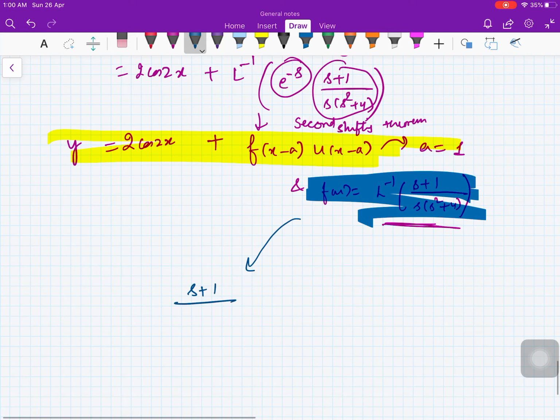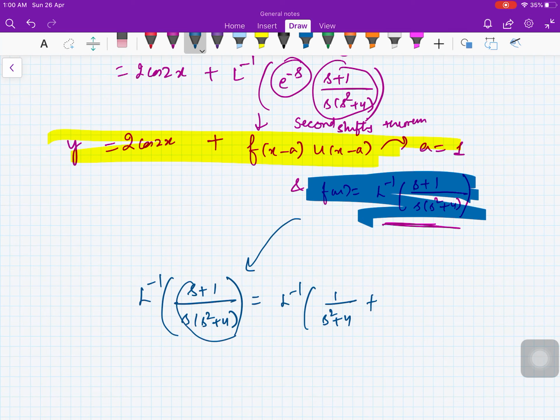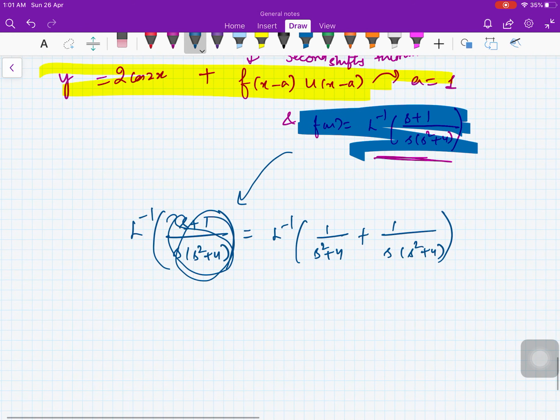Okay, so let us do this. You have (s plus 1) upon s into (s square plus 4). I want L inverse, so you can separate it: L inverse of 1 upon s square plus 4, plus L inverse of 1 upon s into (s square plus 4).